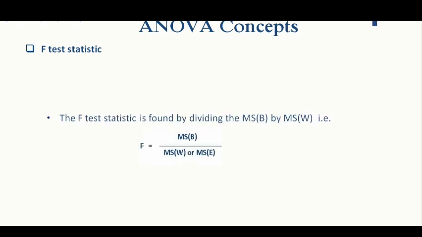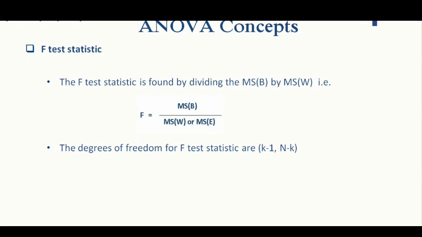Here you will only have to understand the technique. We cannot go into the theoretical details of why it is so, and we cannot answer questions like what is the rationale behind using this F test in such a short span of time.